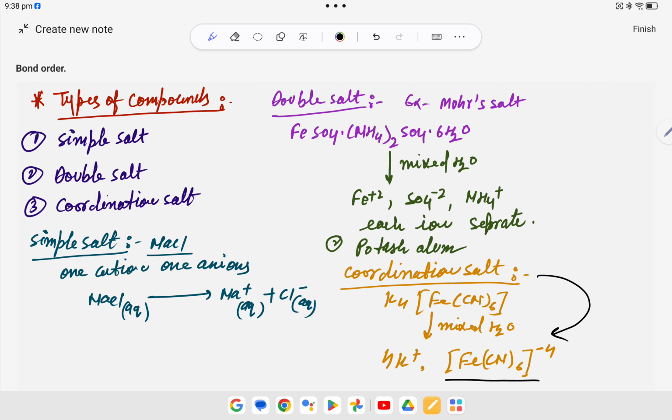In this state they are available. So here K is an s block element, so it will make an ionic bond.